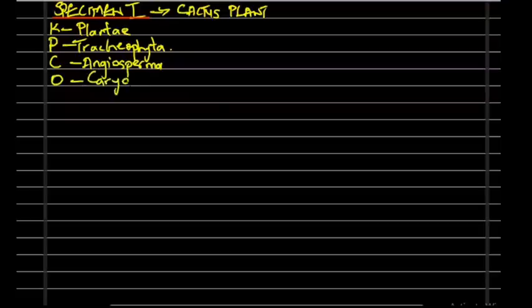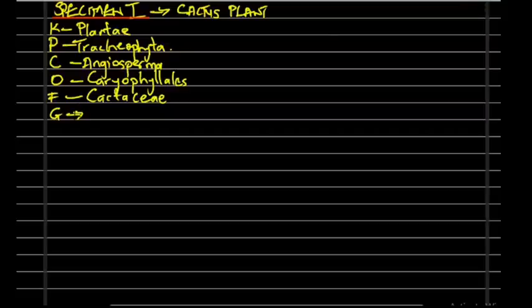We have the order to be the Caryophyllales. And then we have a family, the Cactaceae. And then we have the genus. We have so many genera, so I will just make mention of a few.